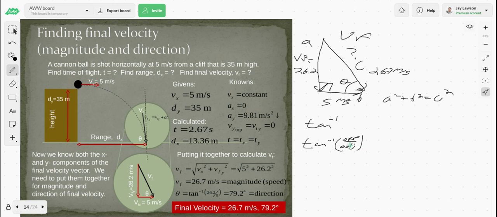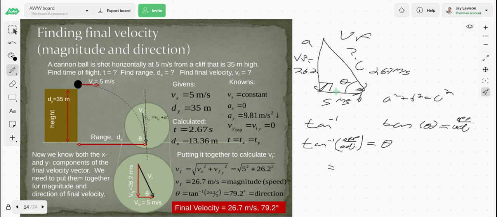It takes the opposite and adjacent sides of the triangle and spits out an angle. Do not get this confused with the tan function that takes an angle and spits out a ratio. Okay, don't get confused. We're going to use the tan inverse function to actually find the angle.